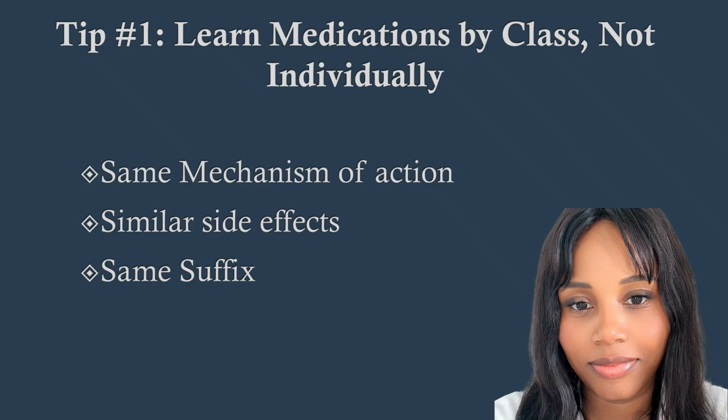So, for example, let's take angiotensin converting enzyme inhibitors or ACE inhibitors. They have the same suffix. They all end in pril. So, for example, lisinopril, enalapril, ramipril, right? They have the same mechanism of action. They're all ACE inhibitors. They inhibit the conversion of angiotensin 1 to angiotensin 2.